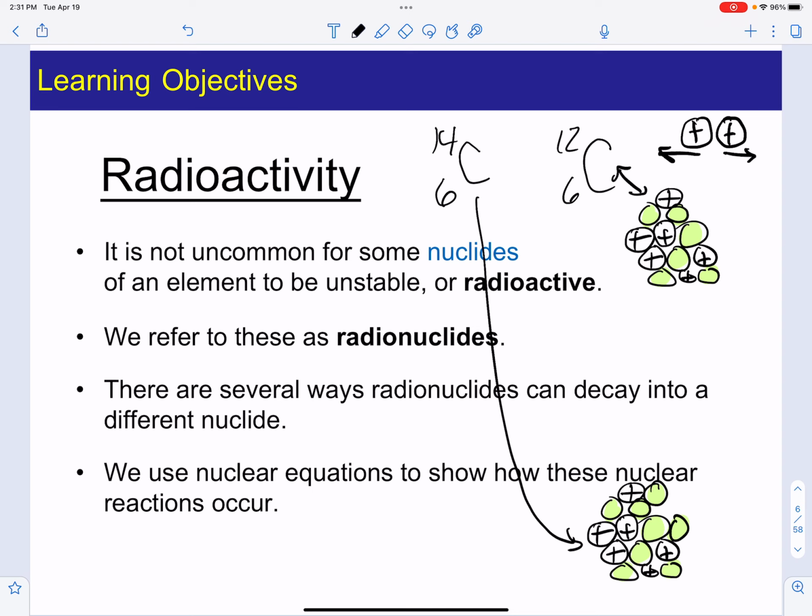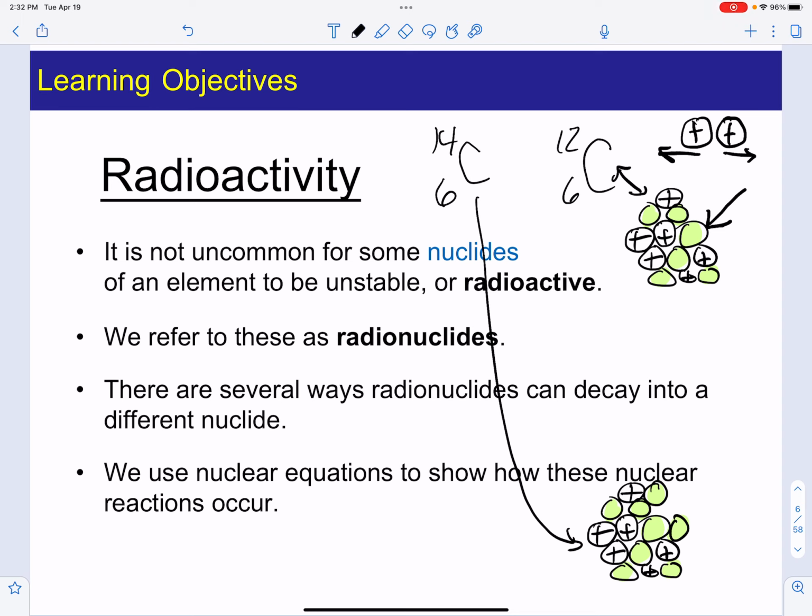So for nature to be able to keep those protons together, even though they want to repel each other, an immense amount of energy is required. And, very simplified, one of the purposes of the neutron is to prevent the nucleus from breaking apart. But there's a point where there are so many protons that nature cannot stabilize it and it starts breaking apart.